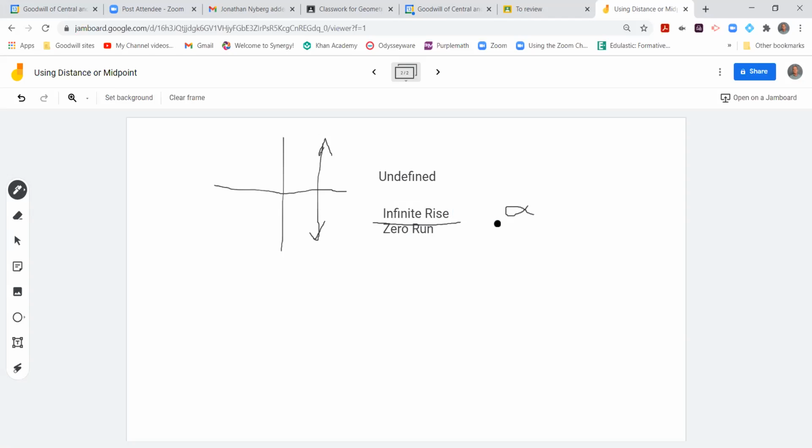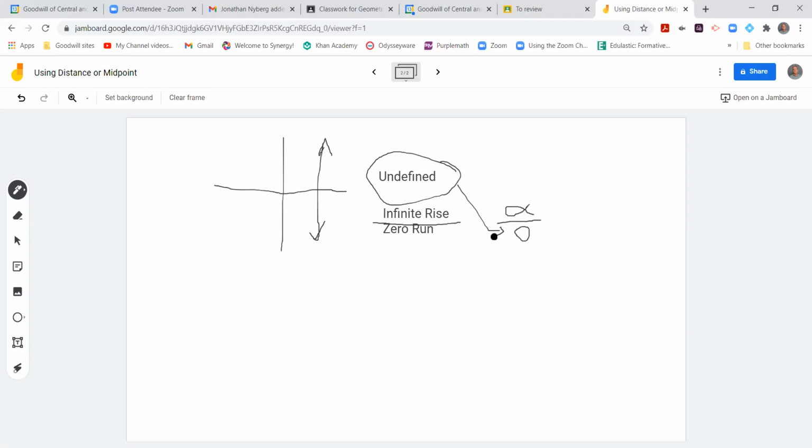have you ever seen that symbol? This one on the top here. That is infinite, right? That is the symbol for infinite or for infinity. And the reason that it's undefined is because we can't divide by zero.